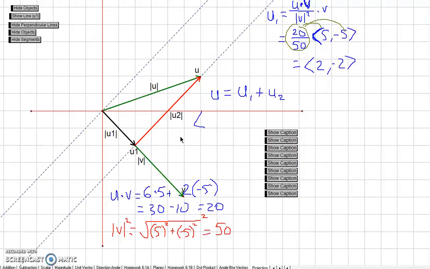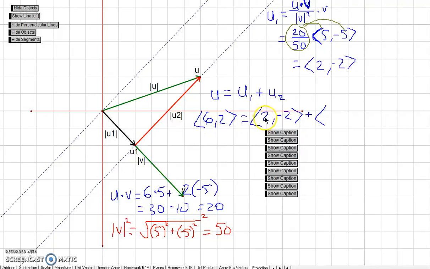The original vector u was 6, 2. We know the projection of u onto v, or u sub 1, was 2, negative 2. And so the question is, what do I need to add to 2, negative 2 to get me 6, 2?